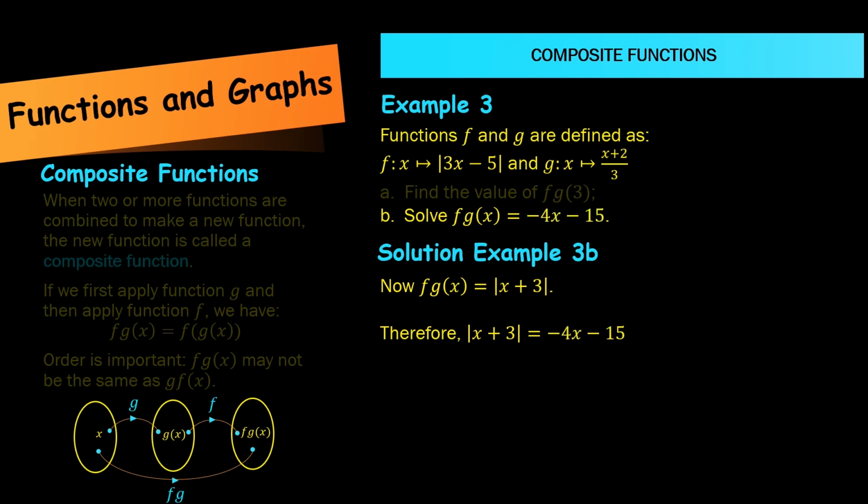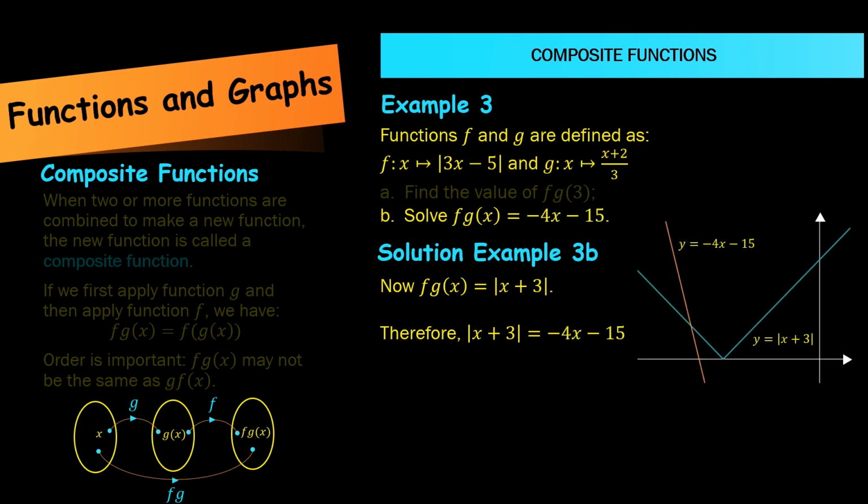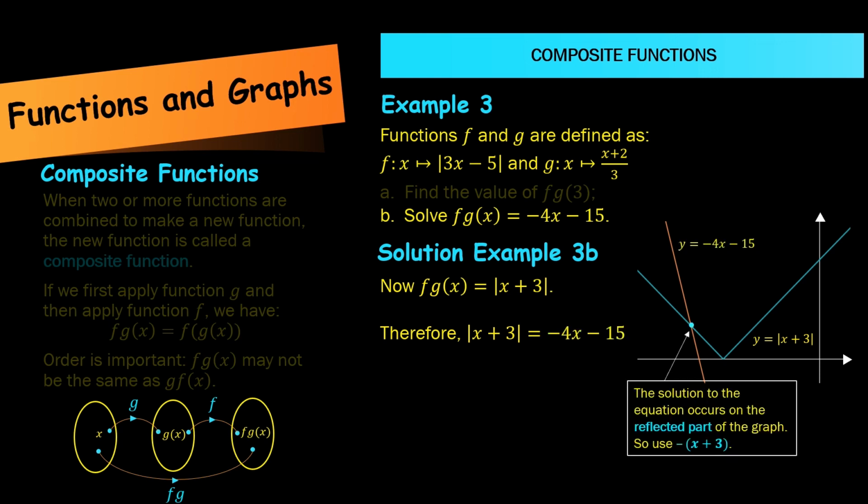If we sketch the graph, so here's y equals mod x plus 3, and here's y equals minus 4x minus 15, then we can see that the solution to the equation occurs on the reflected part of the modulus graph. So we're going to use minus x plus 3 to indicate this.